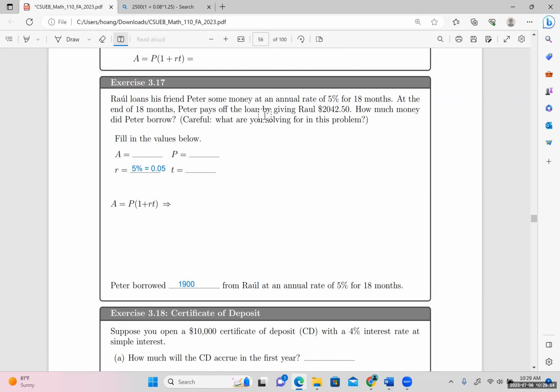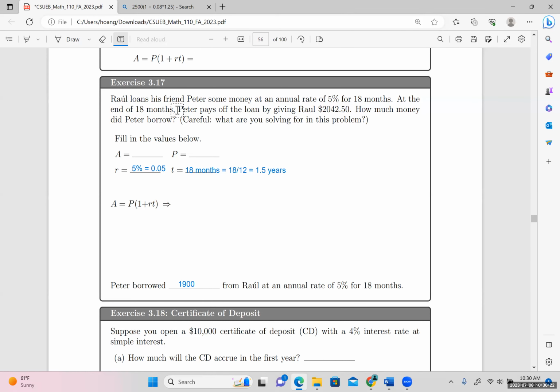For 18 months, so 18 months changes to 18 divided by 12. What is that equal to? It's going to be 1.5. Right. What else?